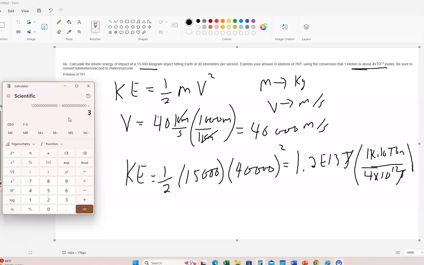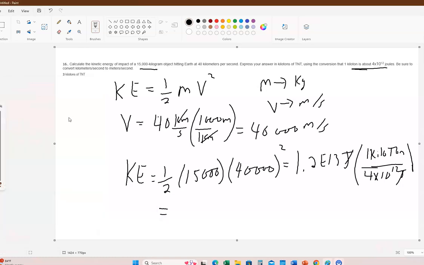This would be the amount of energy in joules, 1.2 times 10 to the 13th joules, but that turns out to be 3 kilotons of TNT. So that is problem number 16.